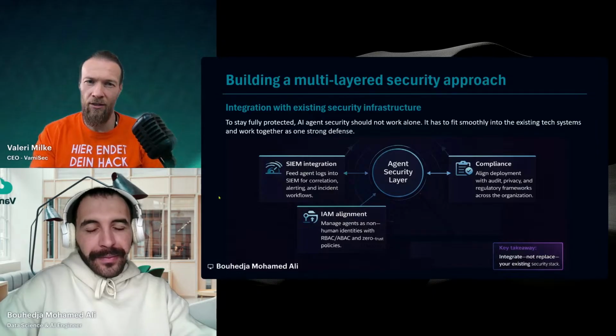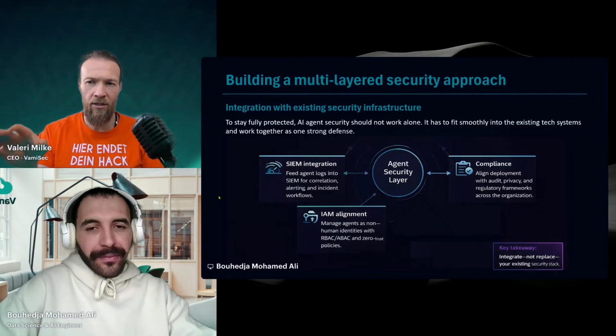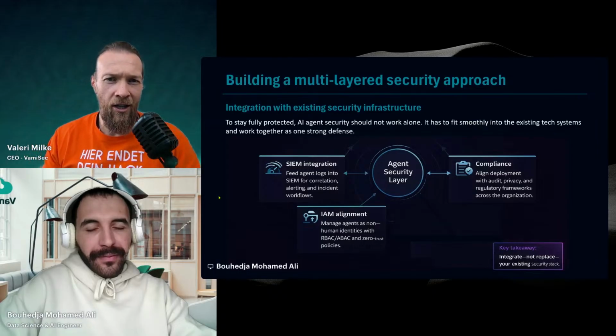You have to implement AI into your security stack too. Otherwise, you have no chance to properly identify, for example, a prompt injection attack. How can you identify a prompt injection attack with a traditional SIEM system, which works based on regular expressions, hash sums, or whatever?